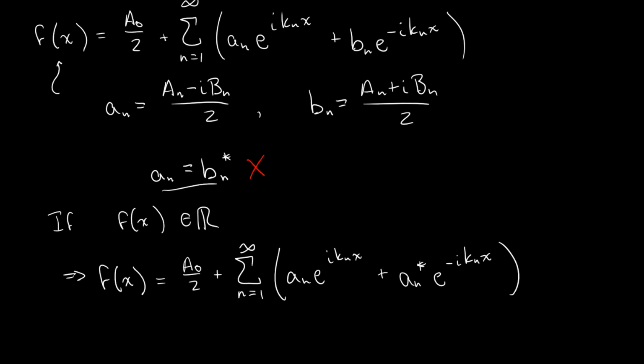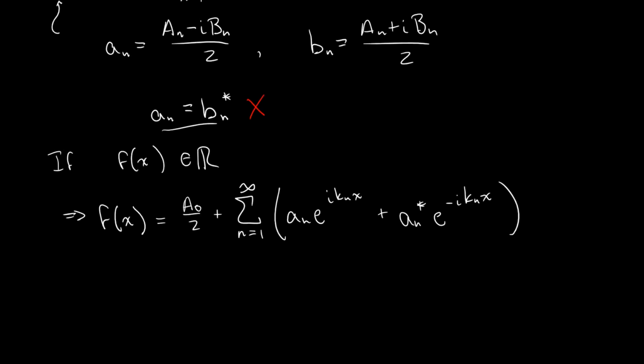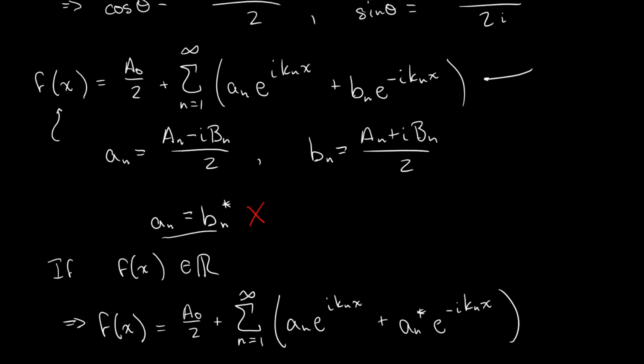Now, something I can do, looking back at this guy here, is in this second term, take k to minus k. I know that k sub n is 2n pi over L. Then in the second term, if I take k to minus k, I get something like b sub minus n e to the I k sub n x, which is exactly the same basis function as shows up here.